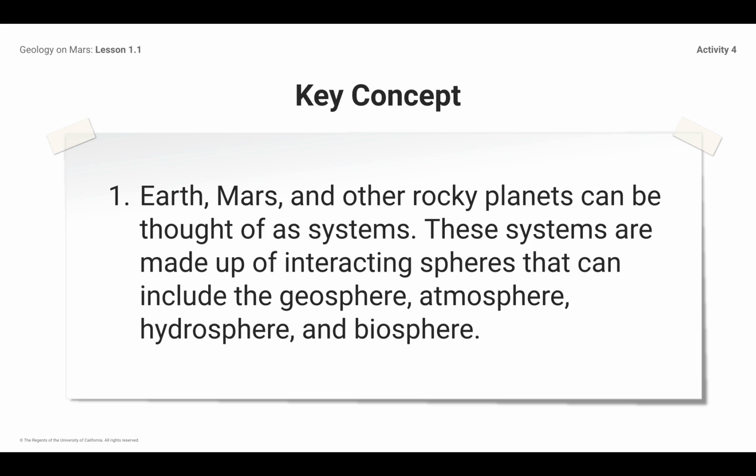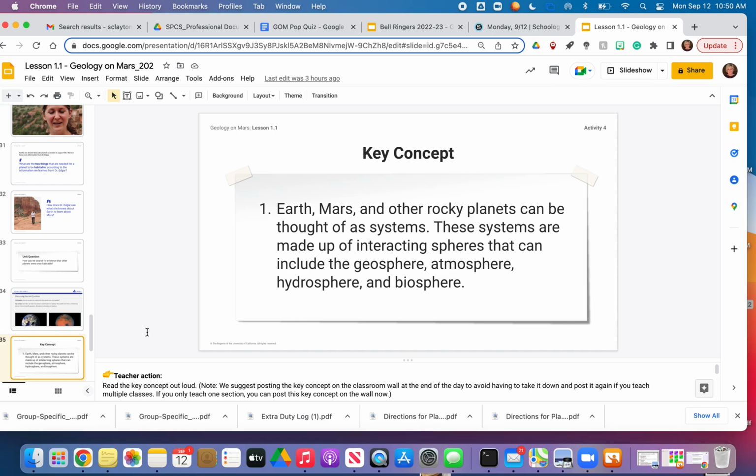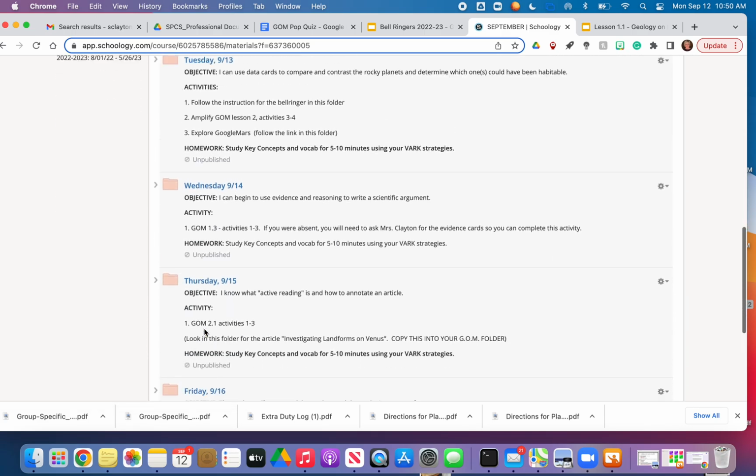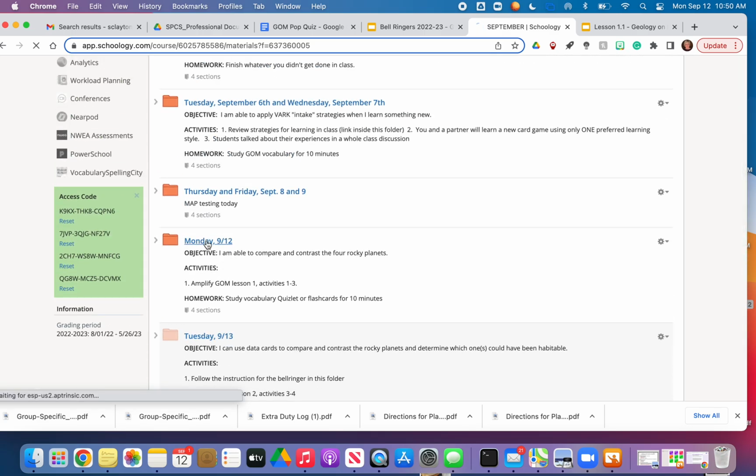If you can't remember where that is, on the last day of August, August 31st, I had you make a folder in GoodNotes called Geology on Mars, GOM. And then I had you save that graphic organizer in there. If you don't have it, I do have it. I've included it in today's folder. So here's Monday the 12th.